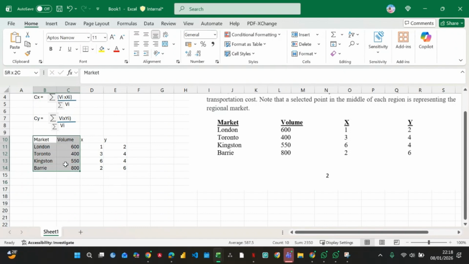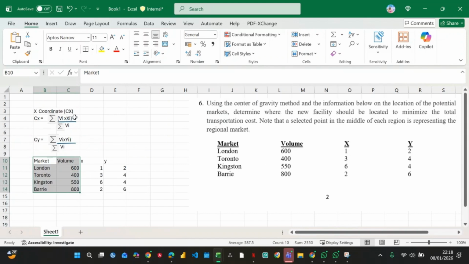So now we want to get the value for our x coordinate. We need to find v multiplied by x.